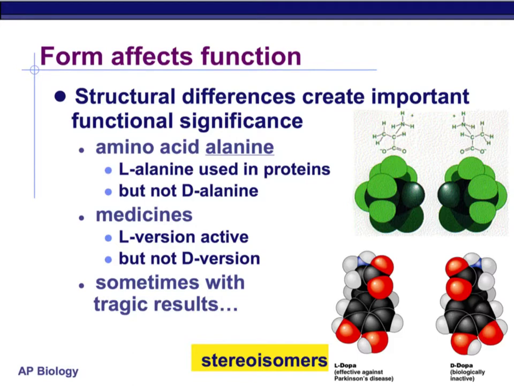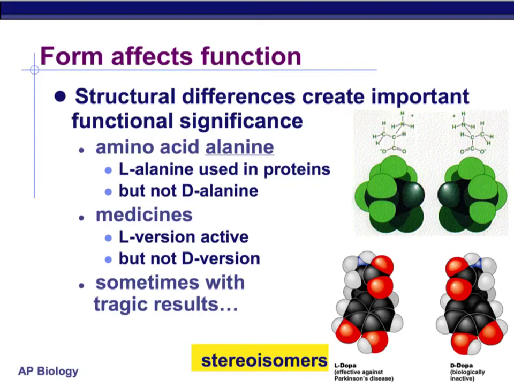So for medications that either help with the making of proteins or give us additional alanine, they need to be L version activated and not D version activated. If those medicines get switched up, we can have an issue. So these are what we call stereoisomers. They're mirror images of each other, in other words.